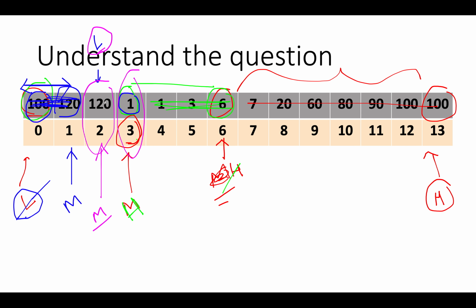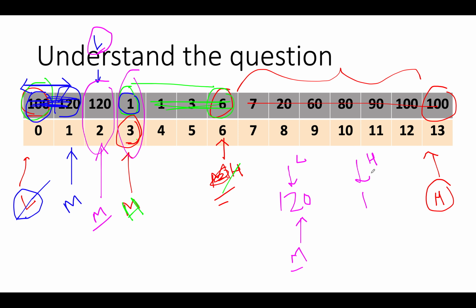Let's reanalyze this particular case, because it's an interesting case. We have two elements left, 120 and 1. Low points to 120, high points to 1, and middle points to 120 again. What we can clearly see is that the value at the middle index is greater than that at the high index.